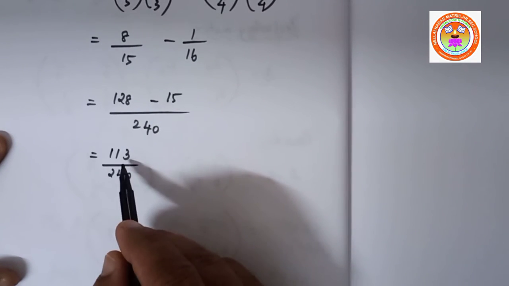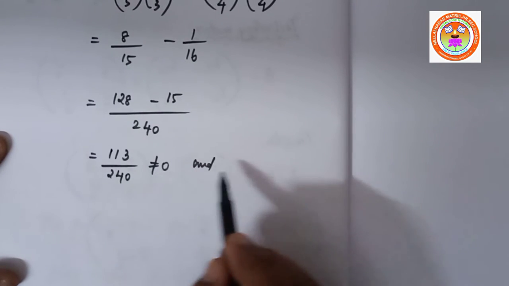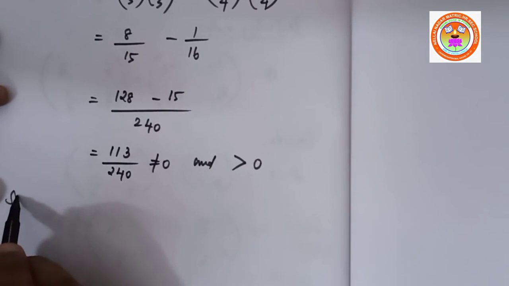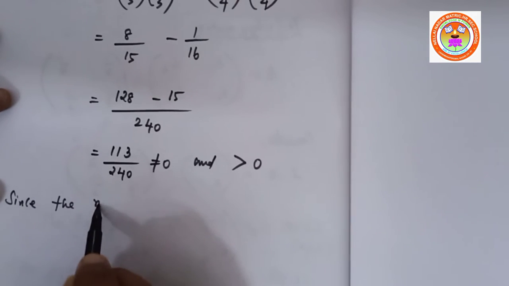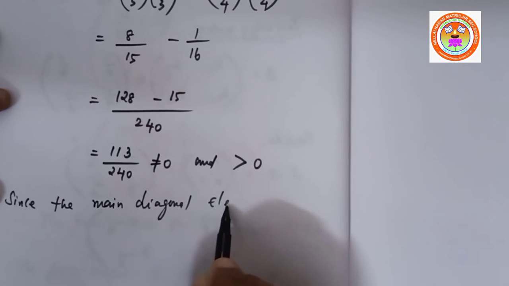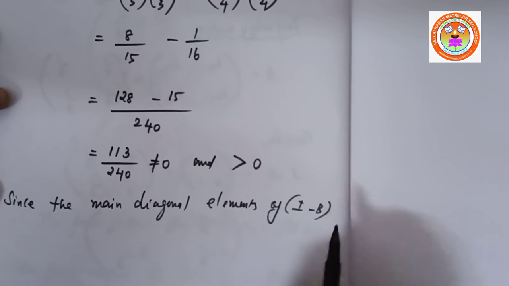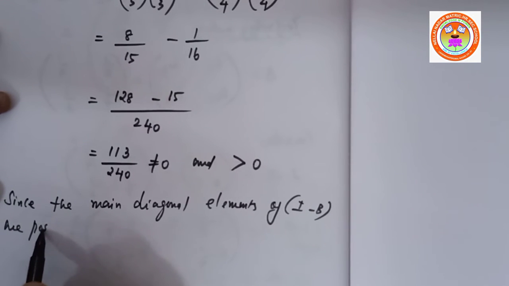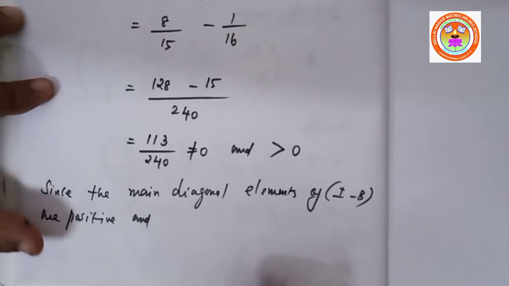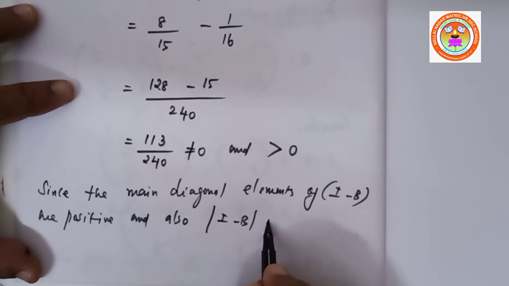128 minus 15 is 113, divided by 240, which is not equal to 0. At the same time, it is a positive value, so you can put greater than 0. Then you have to note that since the main diagonal elements of I minus B are positive and also the determinant of I minus B is greater than 0.